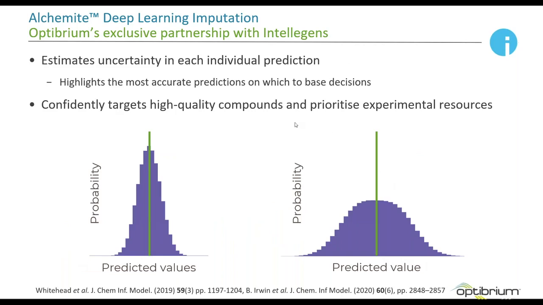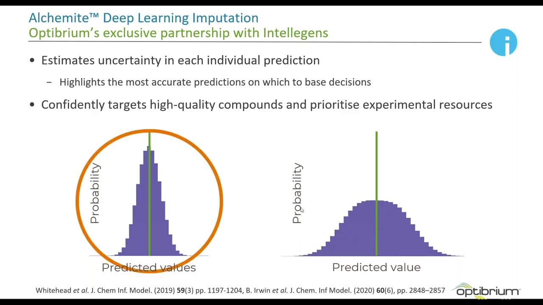A second key advantage of the Alchemite method is that it generates an uncertainty estimate for each prediction. It does not only generate a single prediction for each compound-assay point, but rather a probability distribution. We can use that distribution to determine how confident the model is about that prediction. In cases where the distribution is wide, it means the model is not very confident about the predictions.